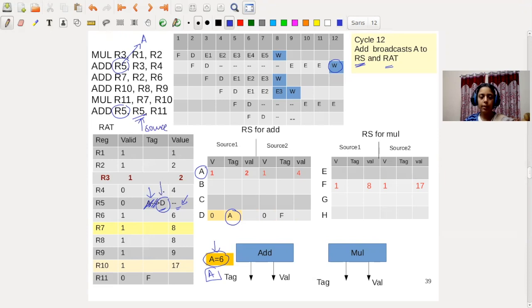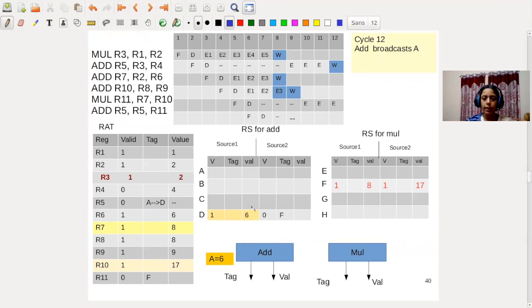We are not updating the register allocation table because this does not have the tag A. So A equals 6 is now broadcast, and it's going to now update only this particular reservation station.